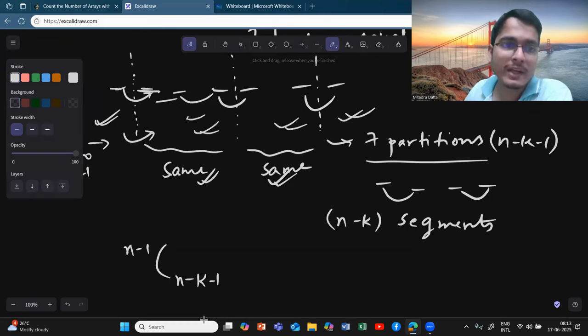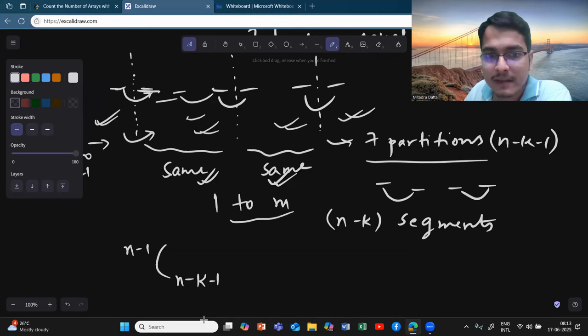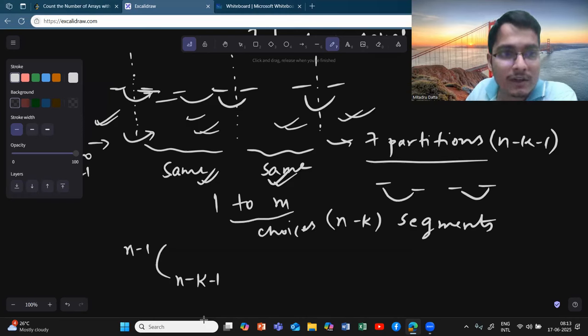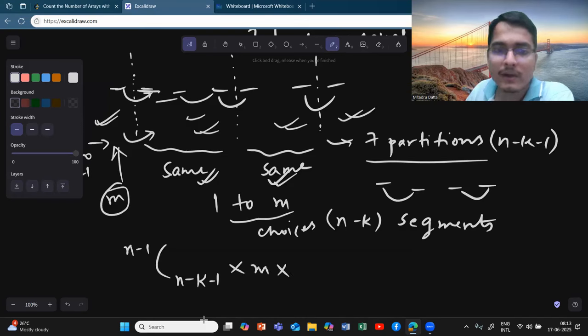Now it is time to fill this array with elements. Now from 1 to m, I have m choices. But for the first, for the first iteration, I have m choices only. I multiply by m. For the next, I have m minus 1 choices, because this should be different from this, that at the partition, the numbers are changing.